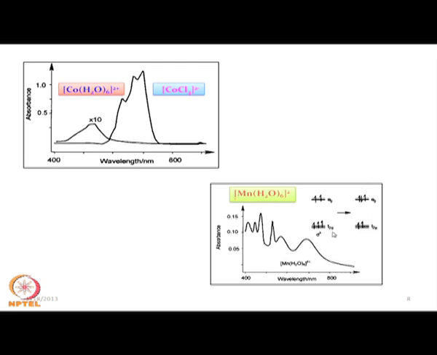The selection rule for a regular transition in this region is delta S equal to 0, that means no spin state change, but here the spin state changes. So the transition is spin forbidden, and that is why the intensity is very weak. The transition is there, but it is both Laporte forbidden as well as spin forbidden.